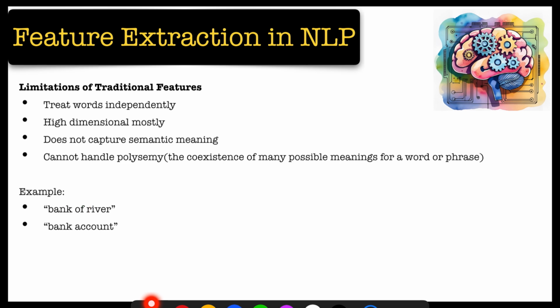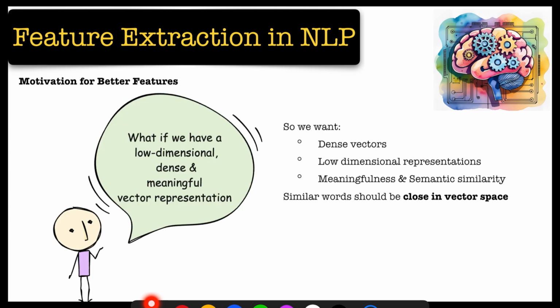In these two, bank means different things, right? One is the bank of a river, and the other is a financial institution, bank account. But in all of these traditional feature extraction techniques we saw, both of them will have the same representation for bank.